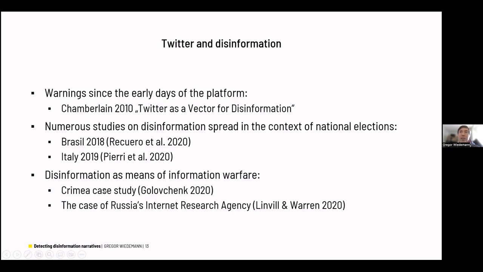This has been investigated more closely, how this was prepared and also accompanied by propaganda in pro-Russian Twitter accounts. And we also have the case of Russia's Internet Research Agency, which is actually a real institution that has the goal of influencing social media debates in foreign countries.